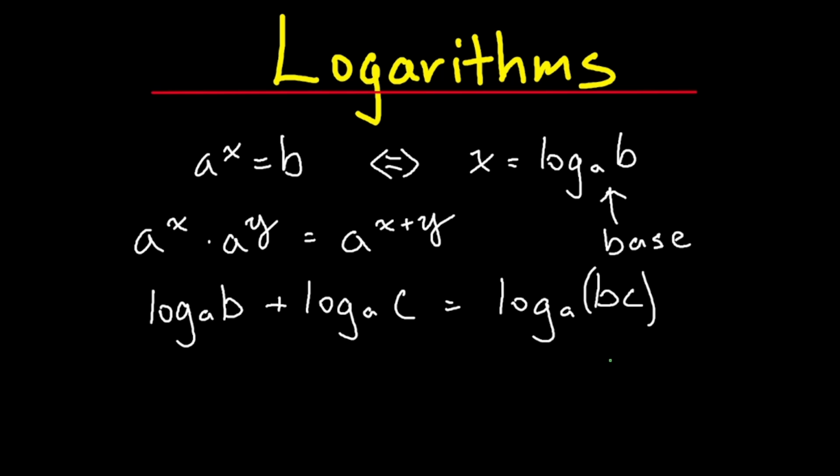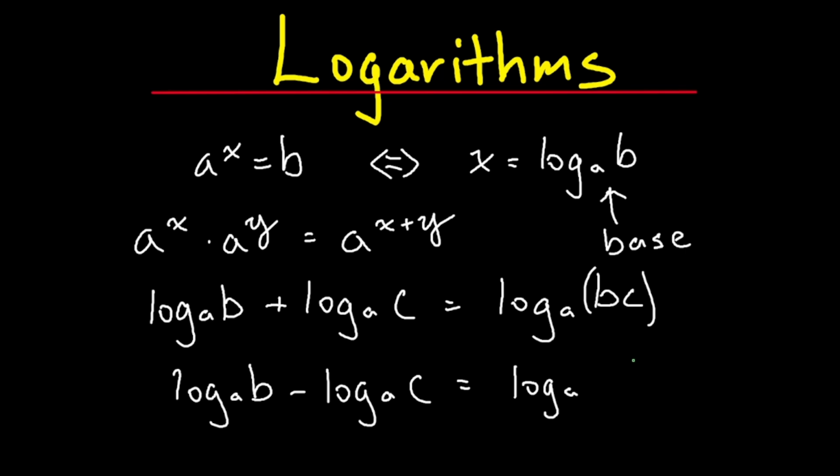When we add logarithms that have the same base, we can essentially multiply the numbers. Similarly, if we have log a (b) minus log a (c), then it would be the same as division, or log a (b over c).